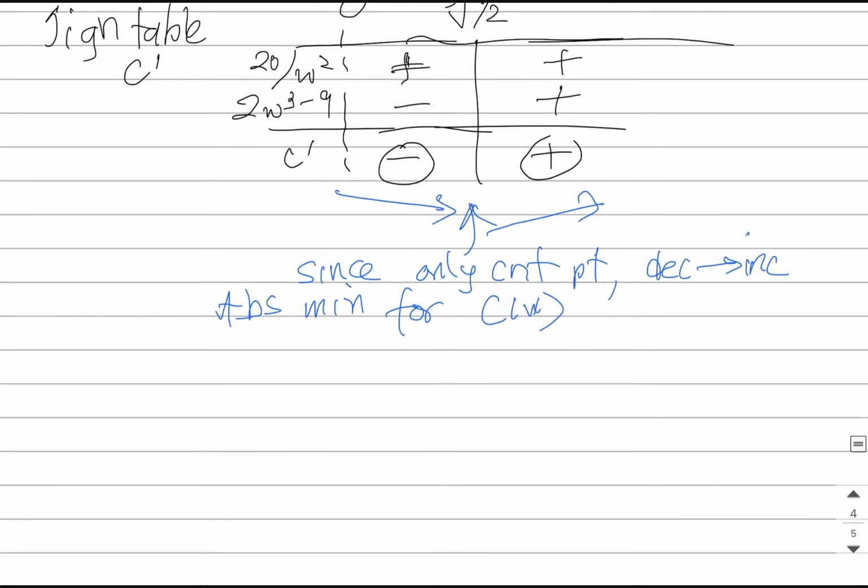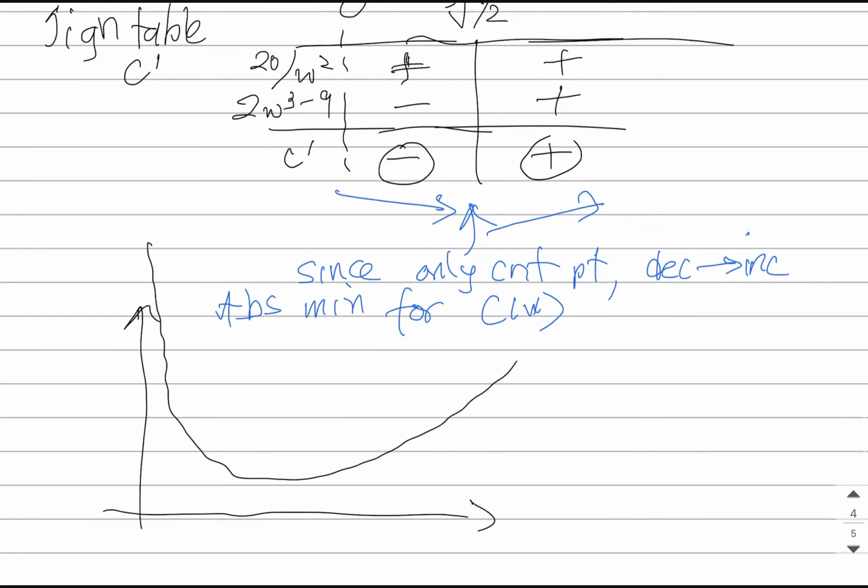And this could be for verification. You could take a look at the graph of c of w. It would look something like this. And the lowest point on this graph would happen right there on the w-axis when we're at the cube root of 9 over 2.